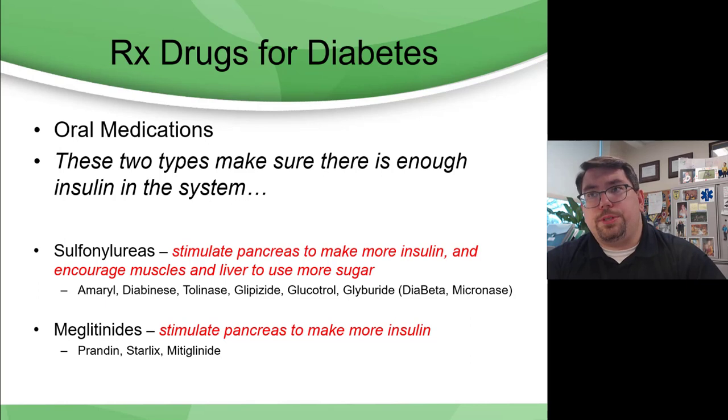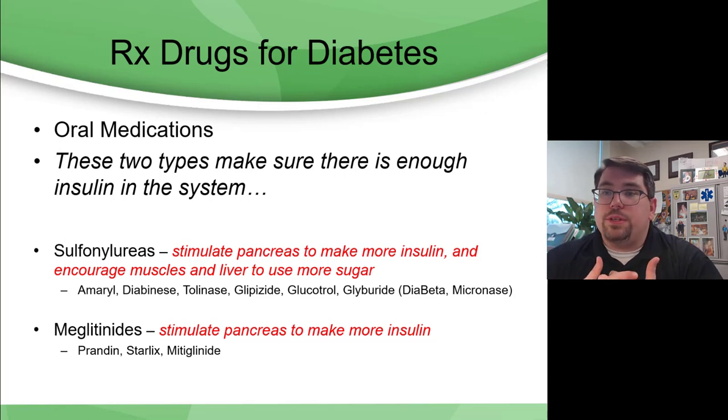How do we manage these with prescription drugs? Well, predominantly for type 2 diabetes, you're going to see oral medications, right? Now, these two types make sure the person has enough insulin in their system. You have sulfonylureas, which are going to stimulate the pancreas to produce more insulin and encourage those muscles and the liver to use more sugar, right? So it's going to want to be able to create it and to be able to store it.